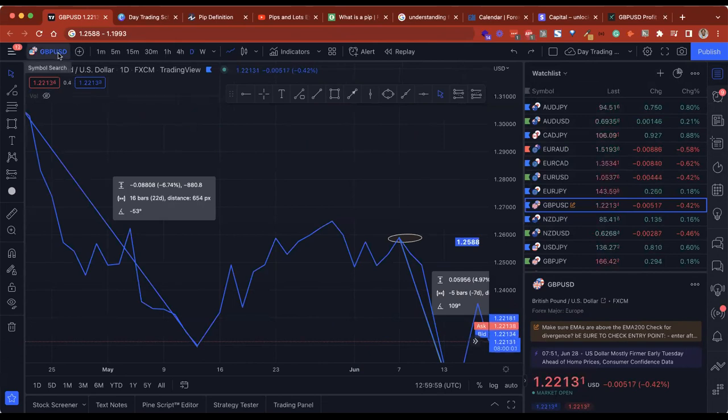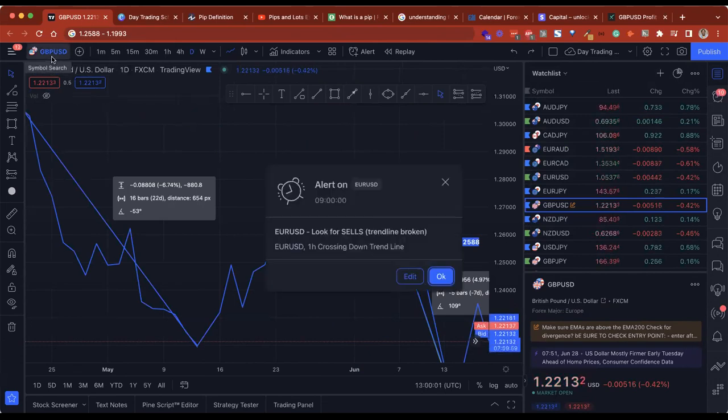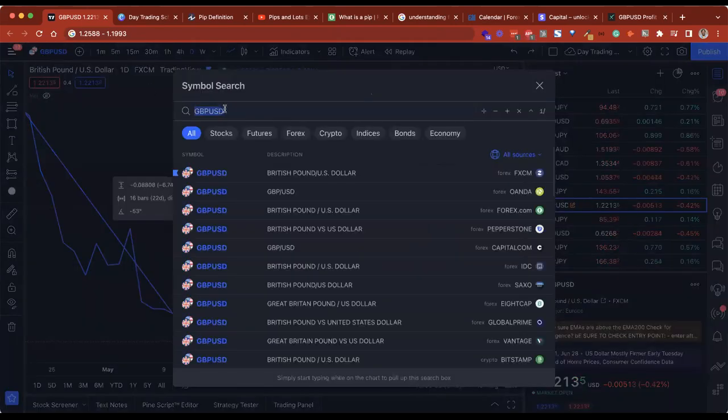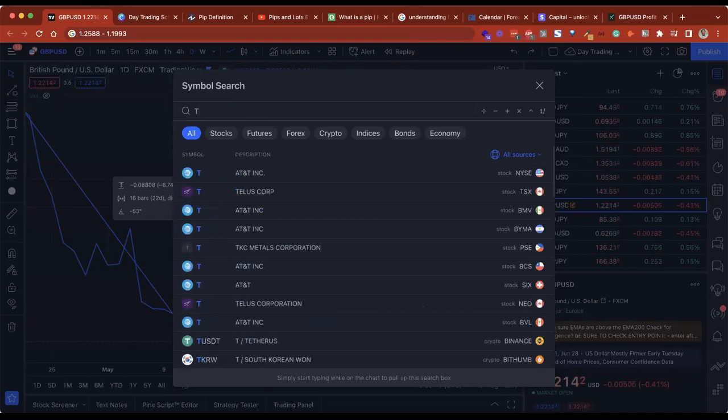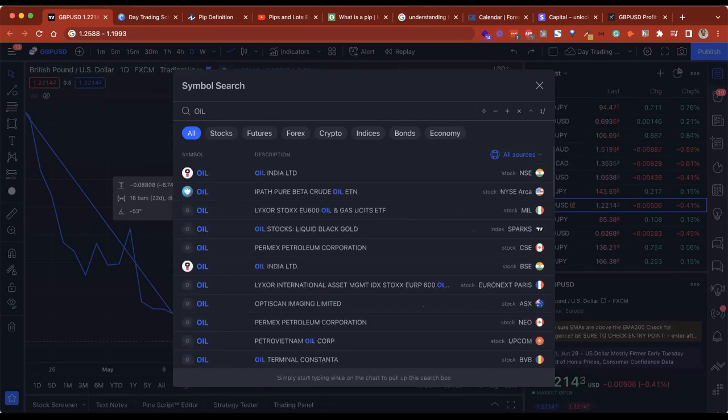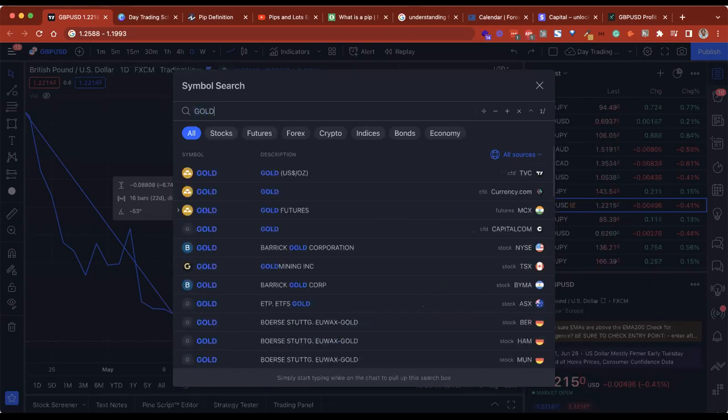So if you click up here, specifically symbol search, top left-hand corner, we can select, look at this, whatever pair we want. We can look up Tesla, we can look up oil if we wanted to trade oil. We can look up gold if we wanted to trade gold.